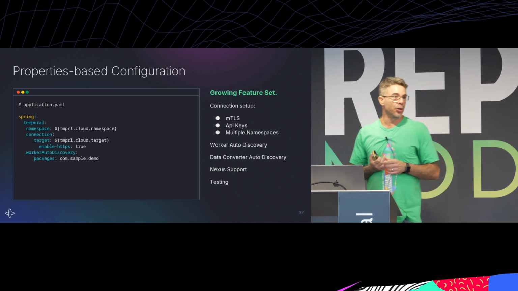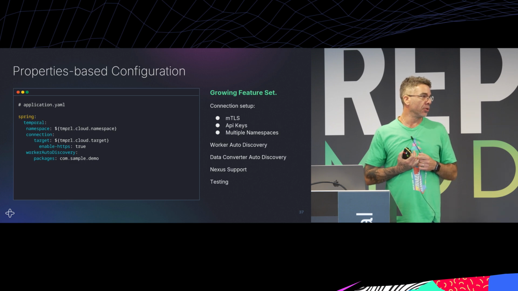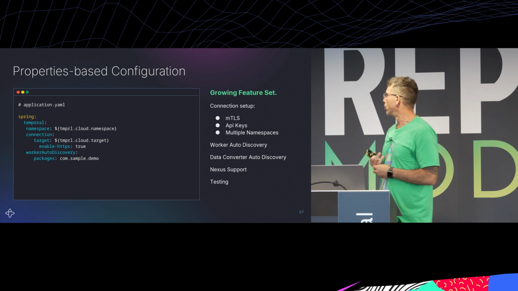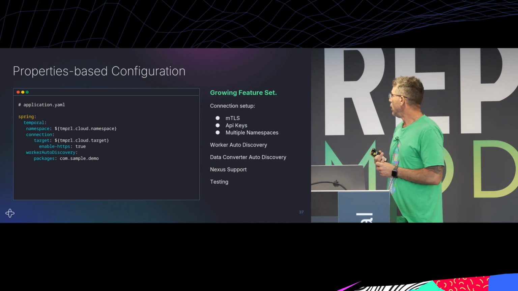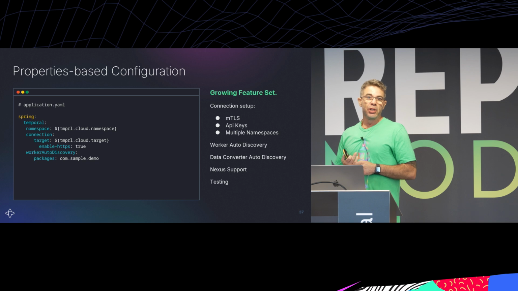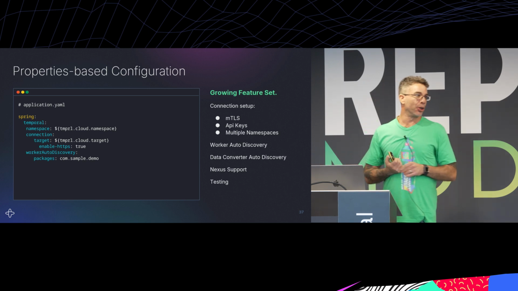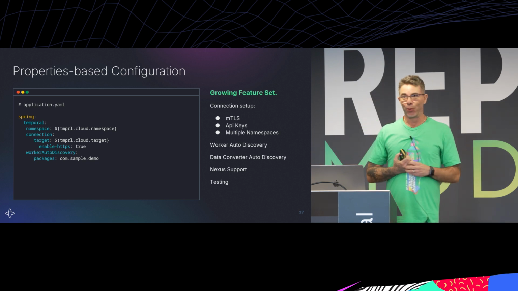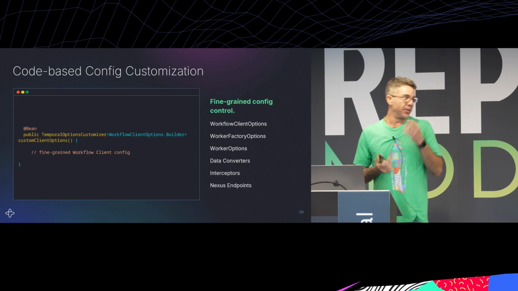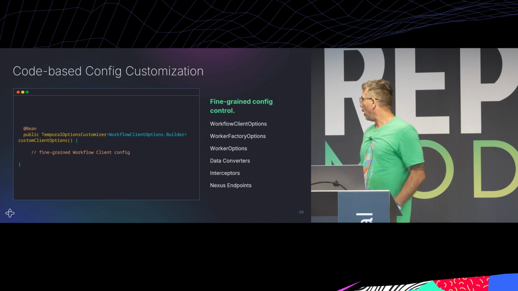Since recently we also support property-based configurations for multiple namespaces on your Temporal servers or cloud. We also have worker definitions and auto discovery, so you no longer have to register your workflow and activity implementations with your workers, and it basically reduces a ton of boilerplate code.